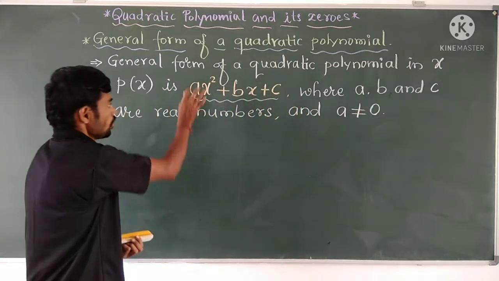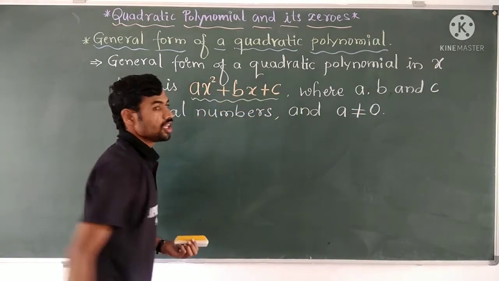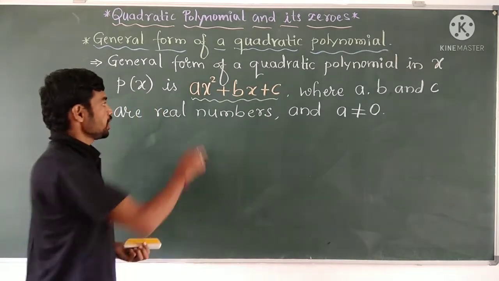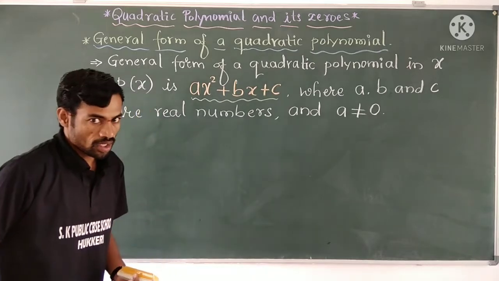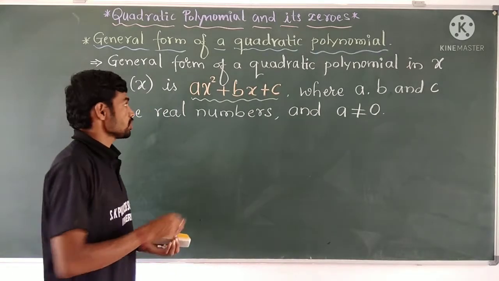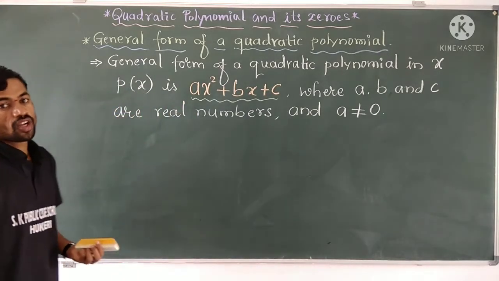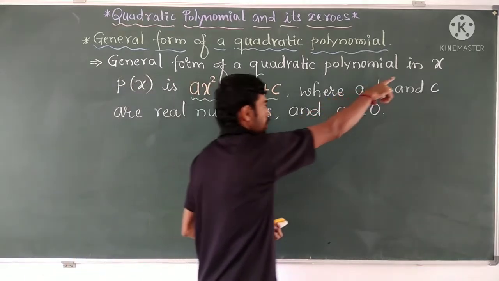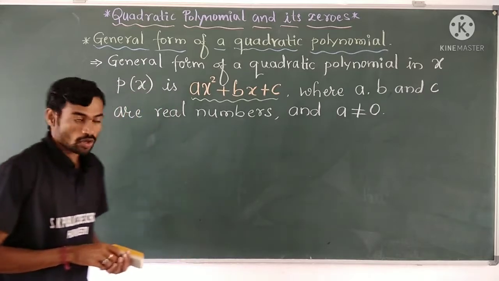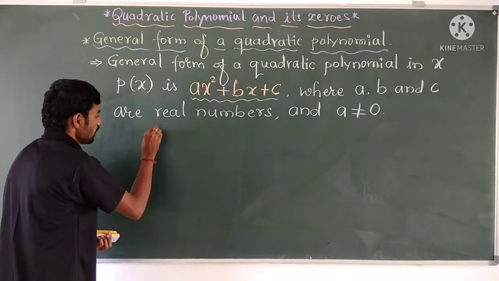If a is 0, then we get a linear polynomial. So this is the general form of the quadratic polynomial in variable x.